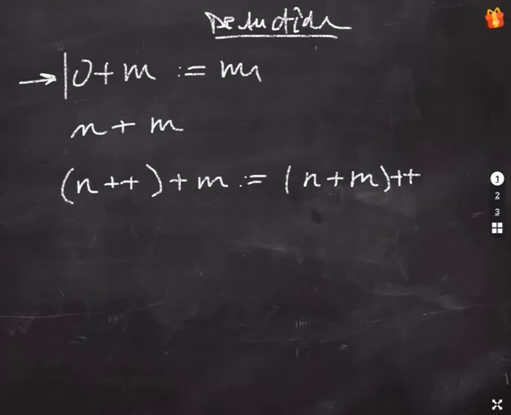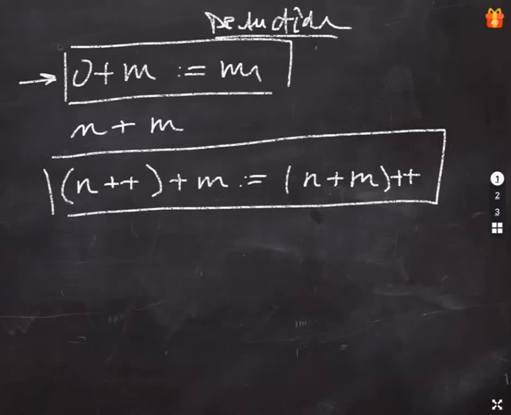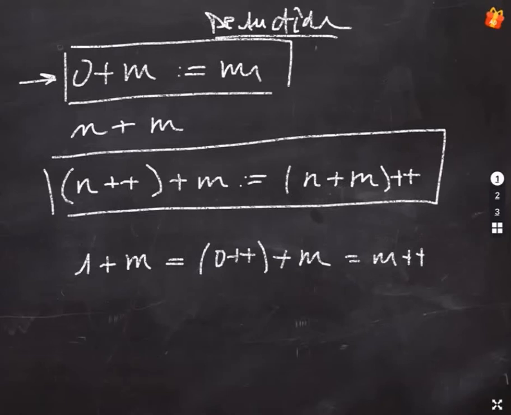Okay, so these are the two things that I have defined right now. What does it mean? This means that 0 plus m is m, of course, and that also means that 1 plus m is 0++ plus m, and that in turn is going to be m++, and so on and so forth, right?